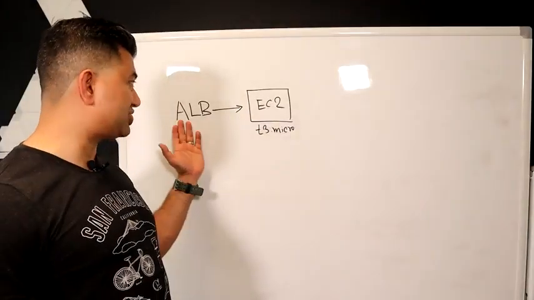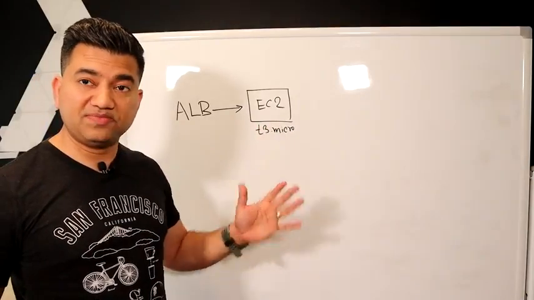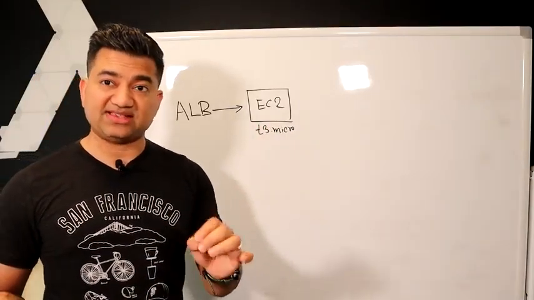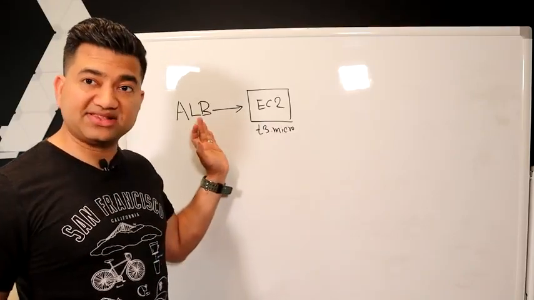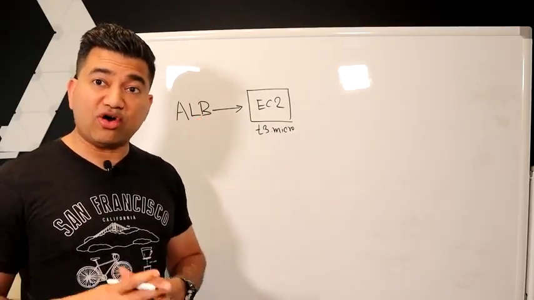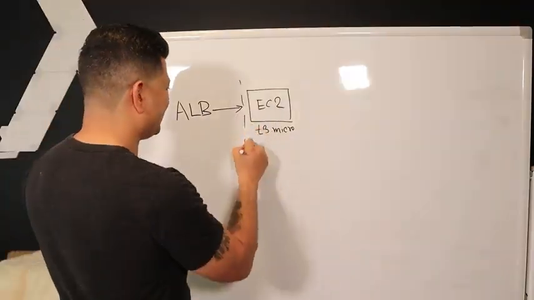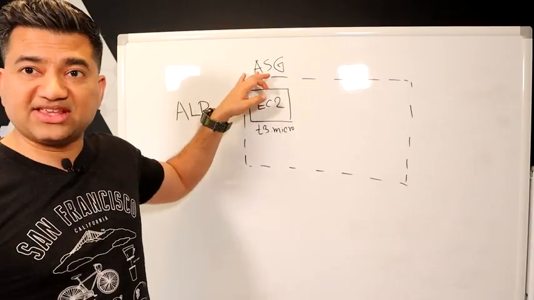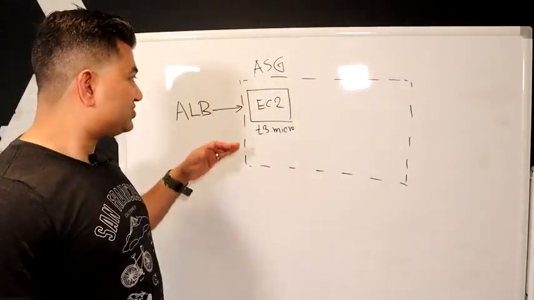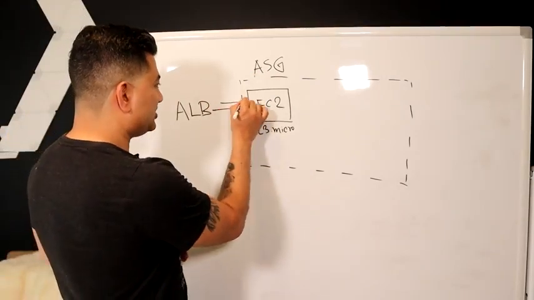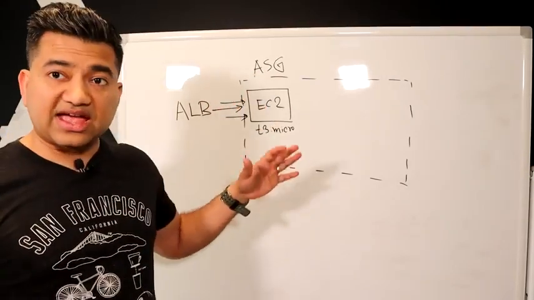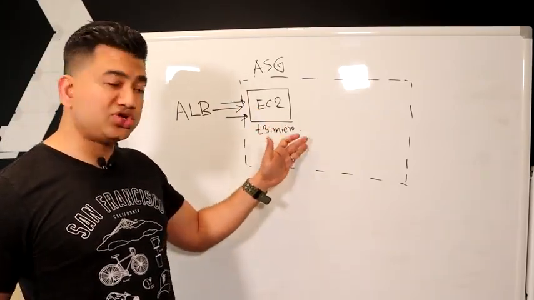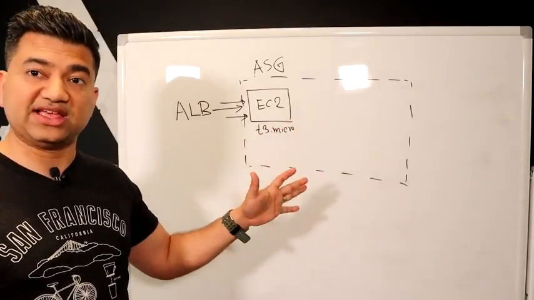In this case, the application load balancer points to EC2, but instead of pointing directly to this specific EC2, it will point to an auto scaling group. So we wrote ASG, or auto scaling group.